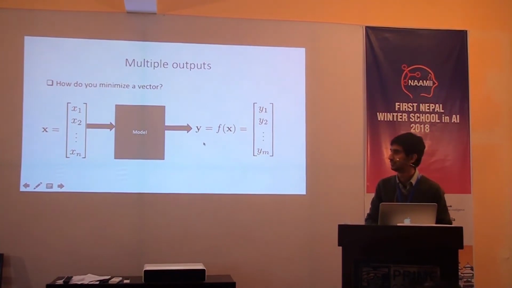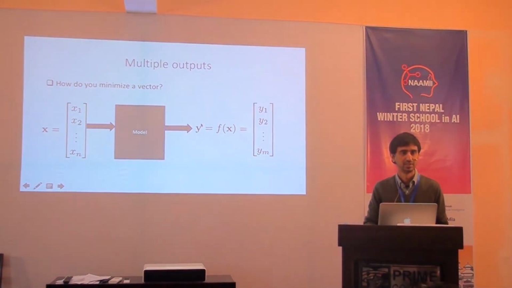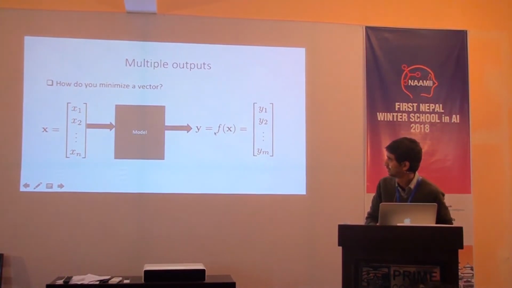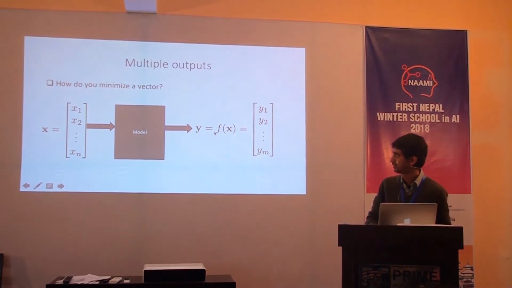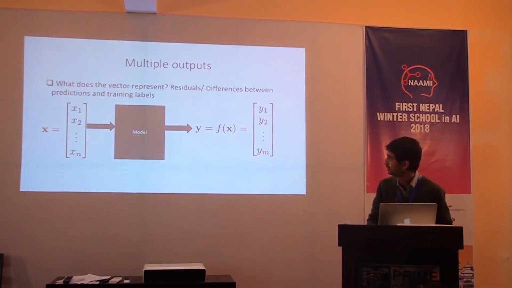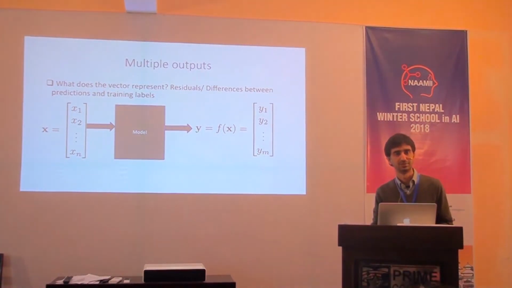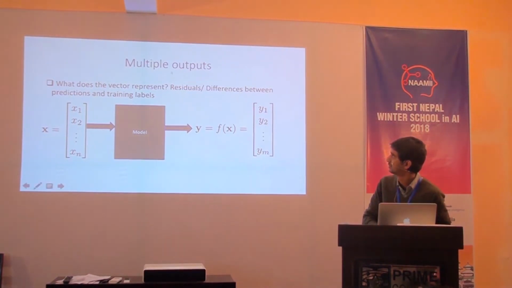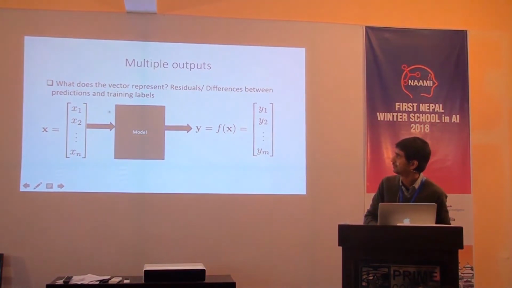So in the end you can measure the error in y, and you can optimize the model by reducing y as much as possible. This is what we generally do in most optimizations. In a lot of these optimizations, we minimize the vector norm. So it could be residuals, differences between predictions and training labels, and so on.